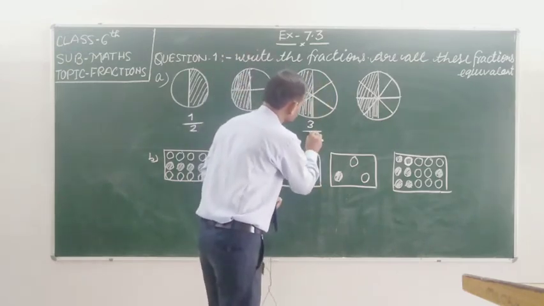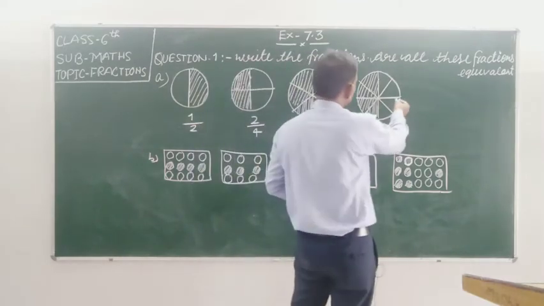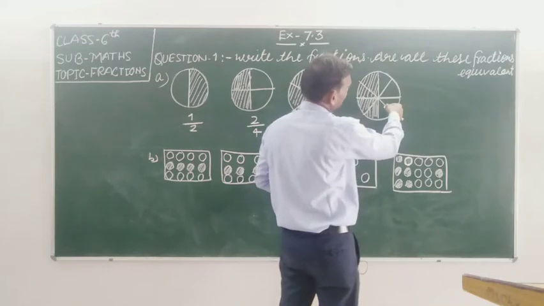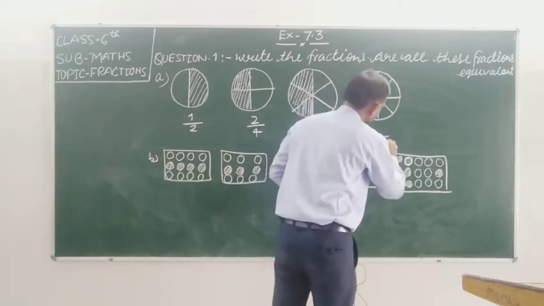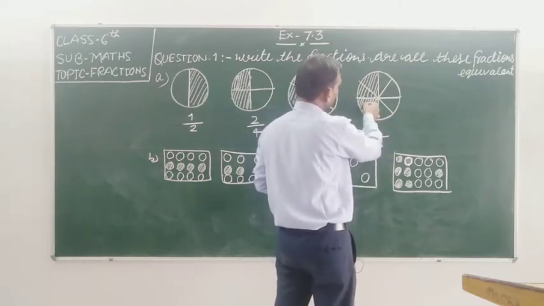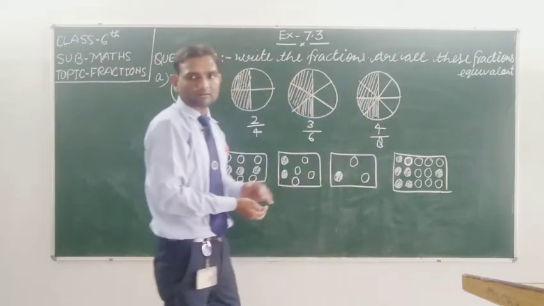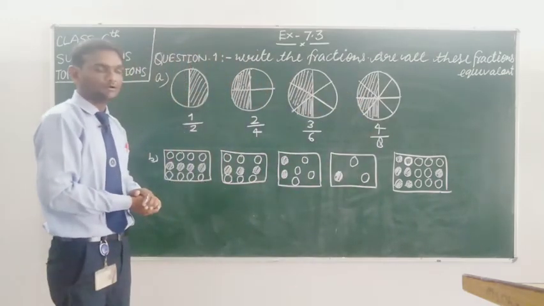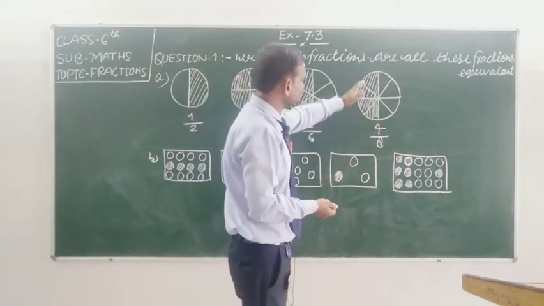So we write 6 below the division bar, and this circle has 8 equal parts. So we write 8 below the division bar, and out of 8 equal parts 4 parts are shaded. So we write 4 above the division bar. This is the fraction for the shaded part, student.